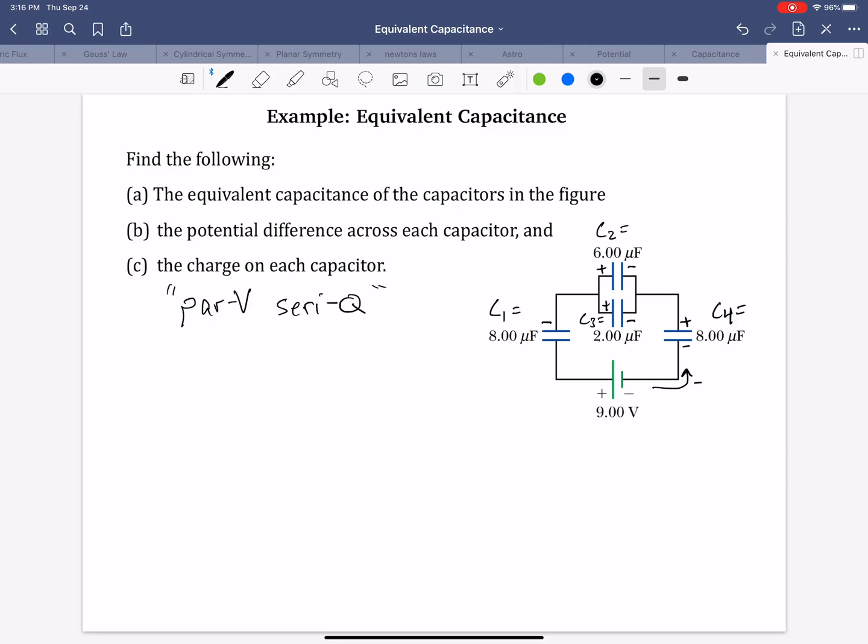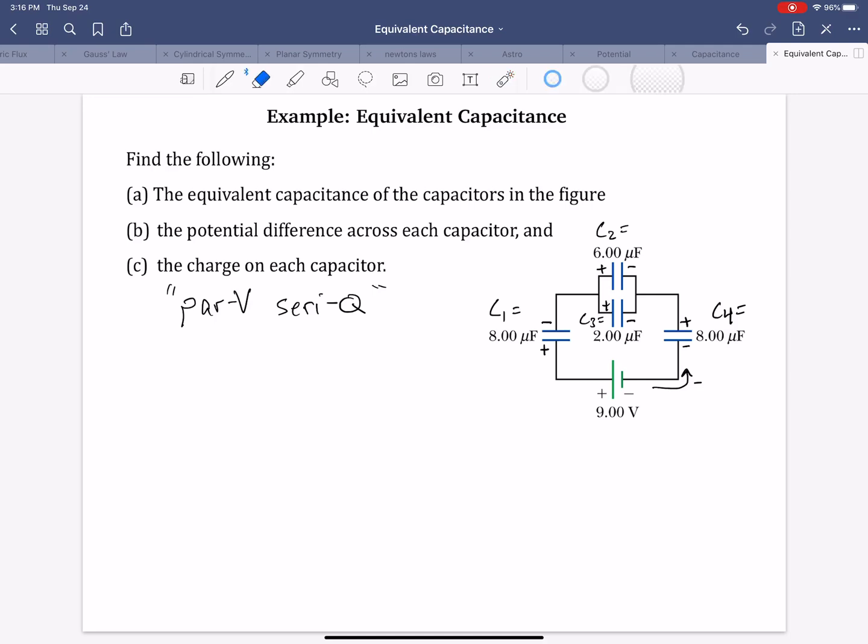Again, that in turn creates a positive charge on the bottom plate of C1. Just like before, this top plate is negative, which repels the negative charges into the battery. And yes, those negative charges are also attracted by this positive plate of the battery, and then they continue on and move back through.